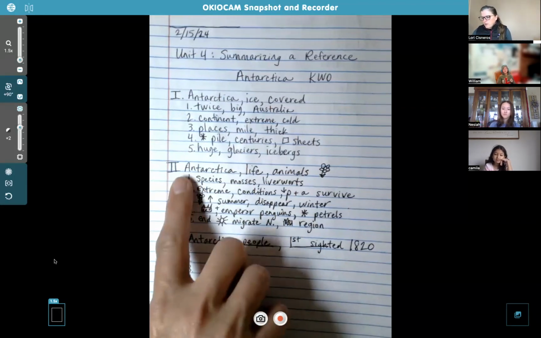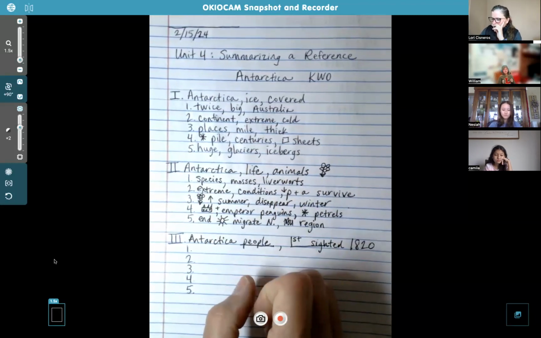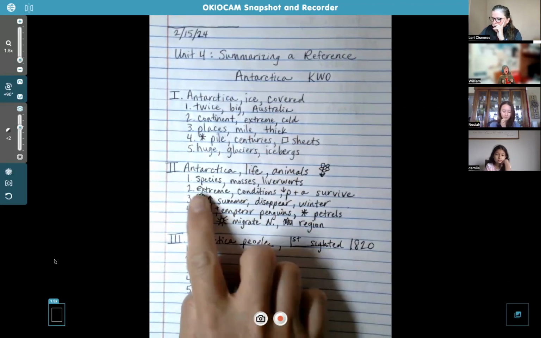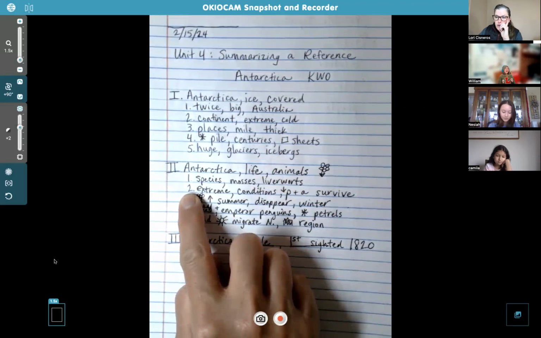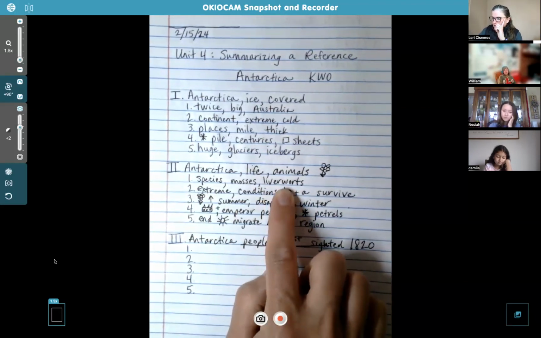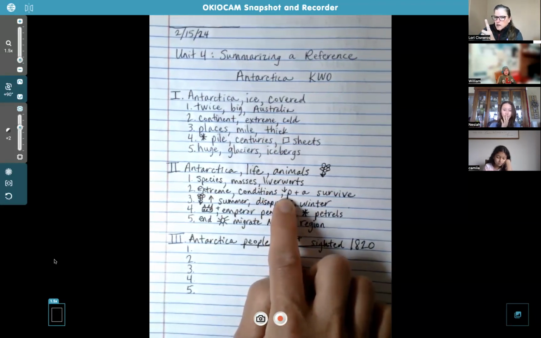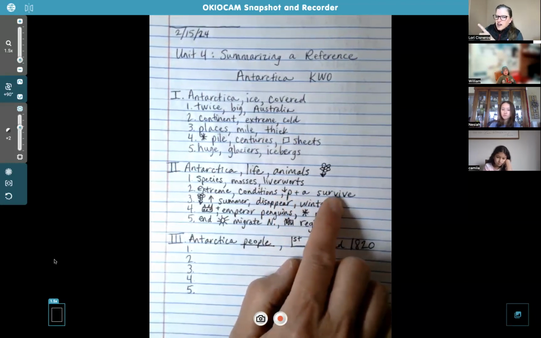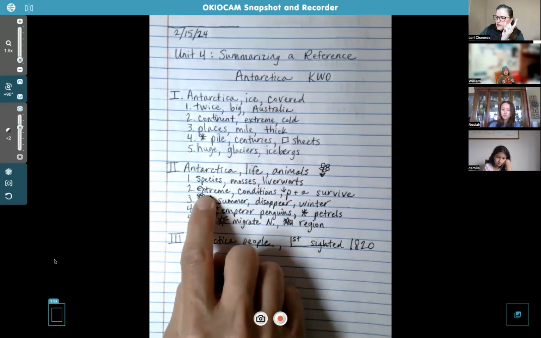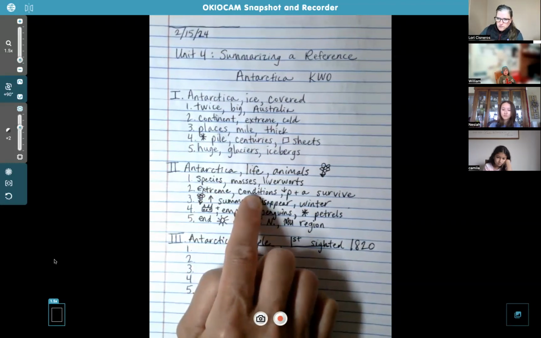So let's look at what we came up with here for Roman numeral 2. Look at number 2 under Roman numeral 2, where it says extreme conditions down. I think that was few plants and animals survive. You could say, few plants and animals survive because there are extreme conditions in Antarctica.